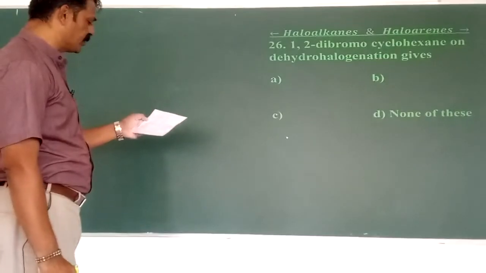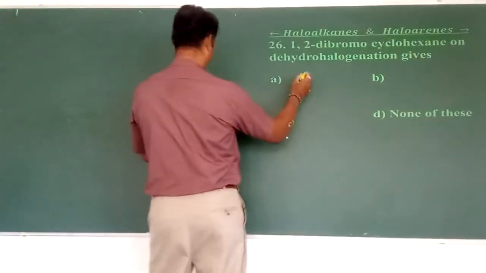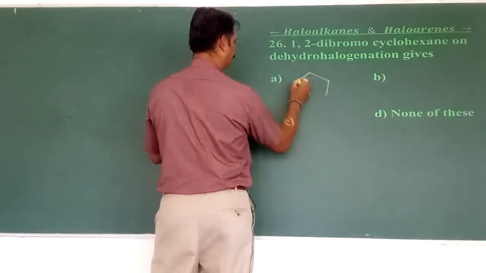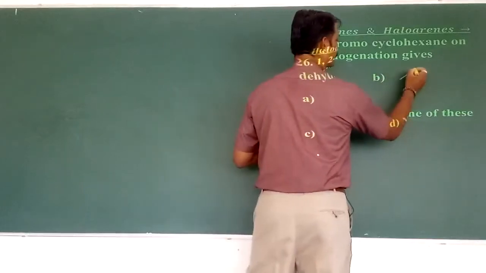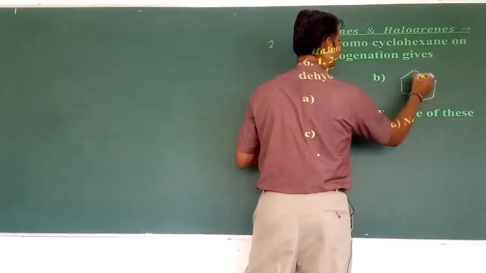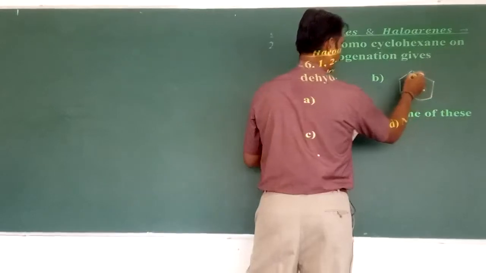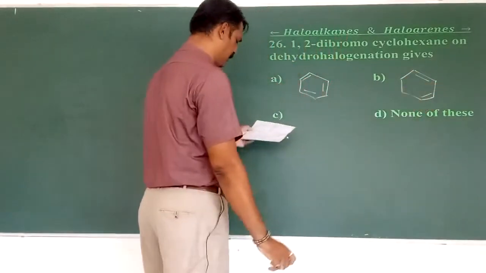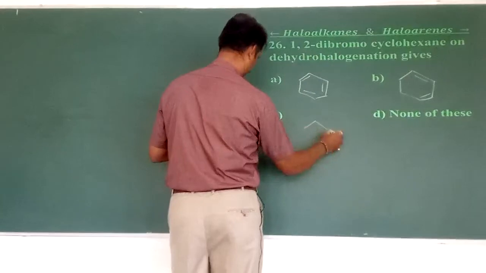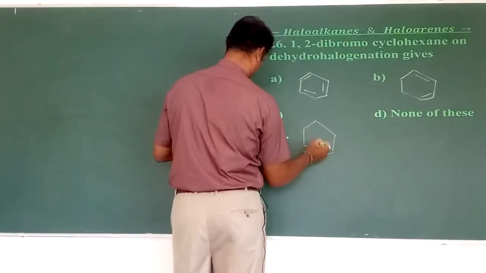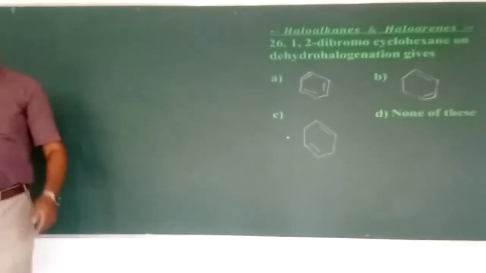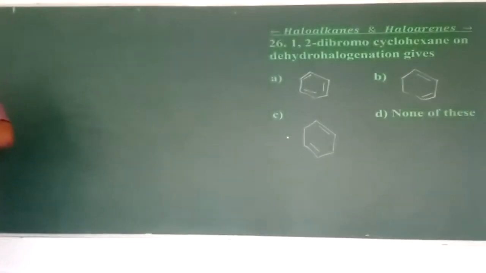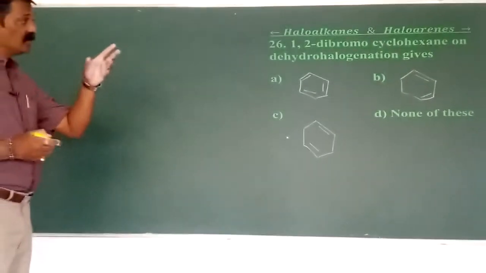Question number 26: A is benzene, C is, it is none of these. What have they asked here? 1,2-dibromocyclohexane.